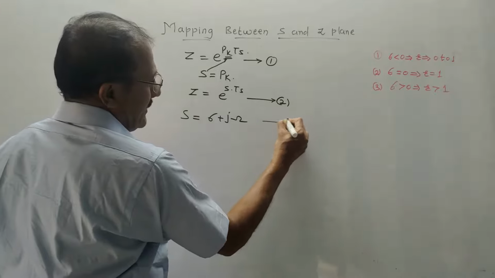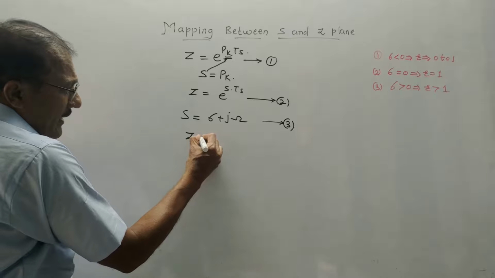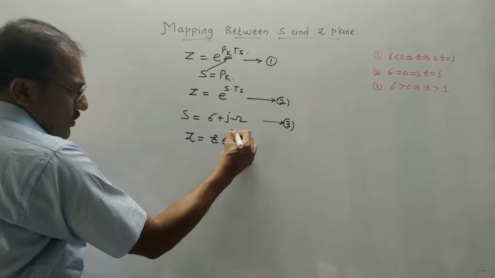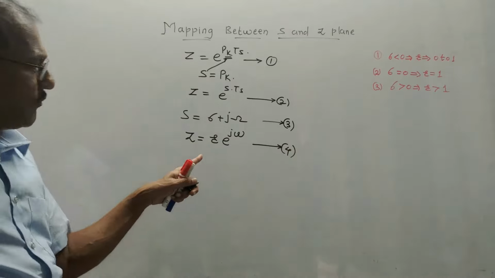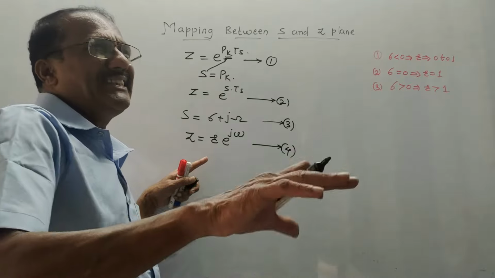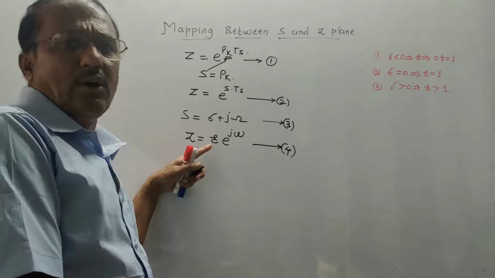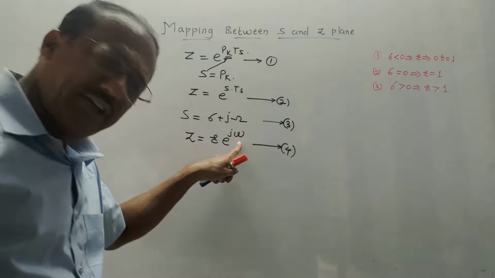Say equation number 3. Now similar to this, the Z operator, rather notation Z, is represented as R e raised to j omega. R is the value which is used to represent the ROC in case of Z transformation. R is also known as the magnitude of Z transformation. Omega is digital frequency.